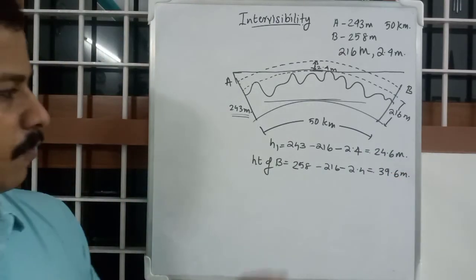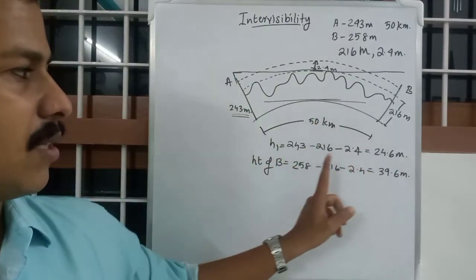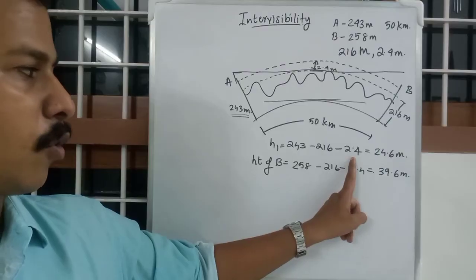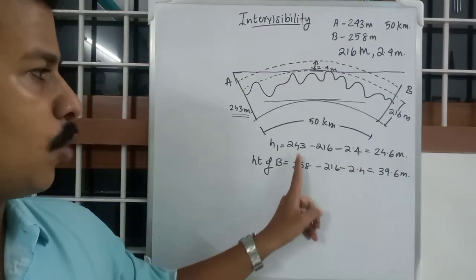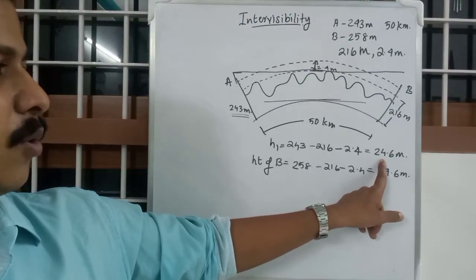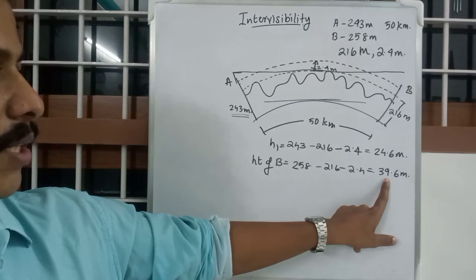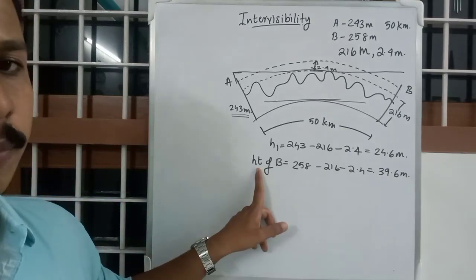So we have cut out these two disturbances, 216 meters and 2.4 meters, from these two heights, and we have new heights: 24.6 meters for H1 and 39.6 for height of B.